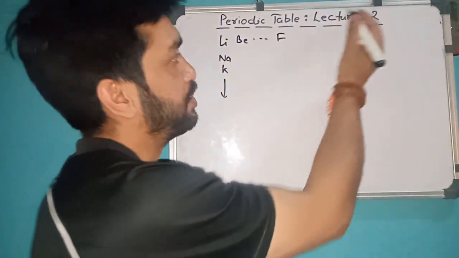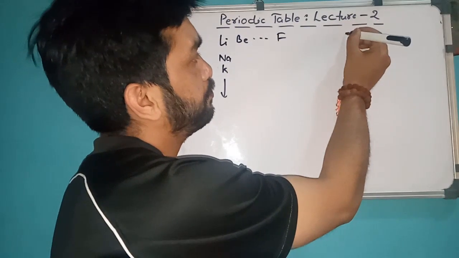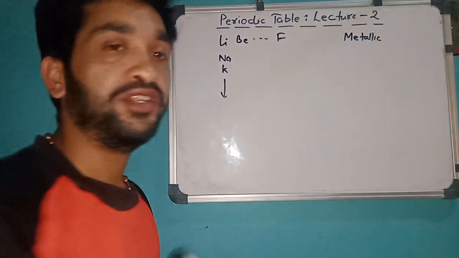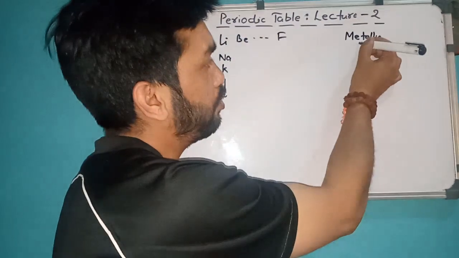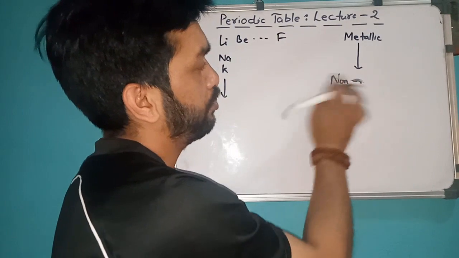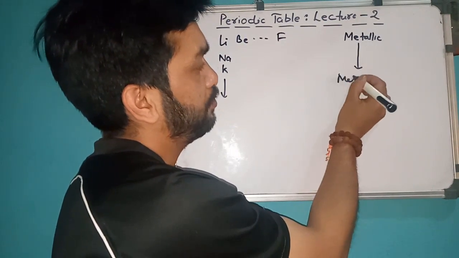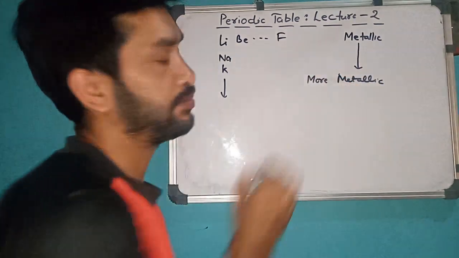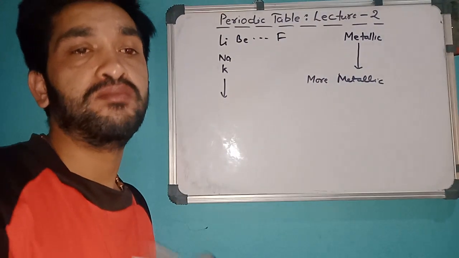What you have to remember is this: lithium is metallic. When you are going down, you are watching that metallic nature is increasing. Metallic nature increasing means more metallic.